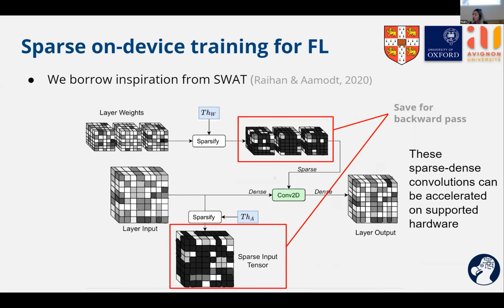Because of these sparse-dense convolutions, they can be accelerated on supported hardware if the sparsity ratios are high enough. How high is enough depends on the structure of the sparsity. In our experiment, we use unstructured sparsity, so over 90% sparsity ratio is required, and hence we use over 90% sparsity ratio in our experiment.